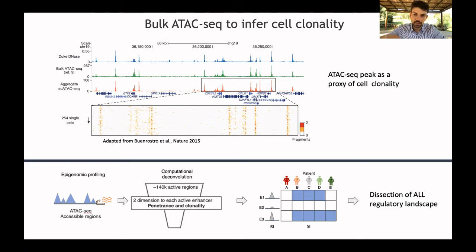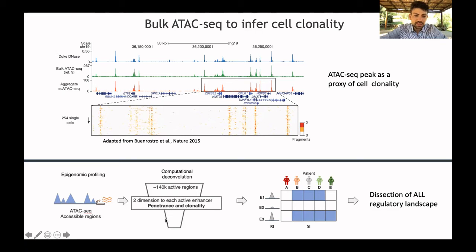It's the amount of cells contributing to that signal, giving the typical shape of a peak. Using this idea, we have developed a computational assay which allows the convolution of the regulatory landscape in a cohort of patients by assigning to each identified regulatory region in ATAC-seq 2 dimensions: penetrance and clonality.